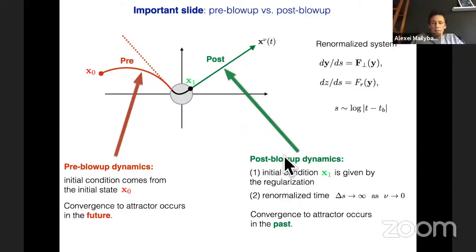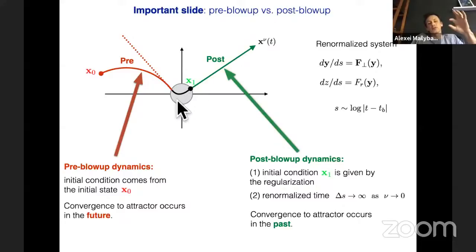So now what happens in the post-blow-up dynamics is completely opposite. We are described by exactly the same system. We get exactly the same renormalized system, the master-slave equation, the equation for y and the equation for z, and then recovering time. But now the initial state is given by regularization in the past.